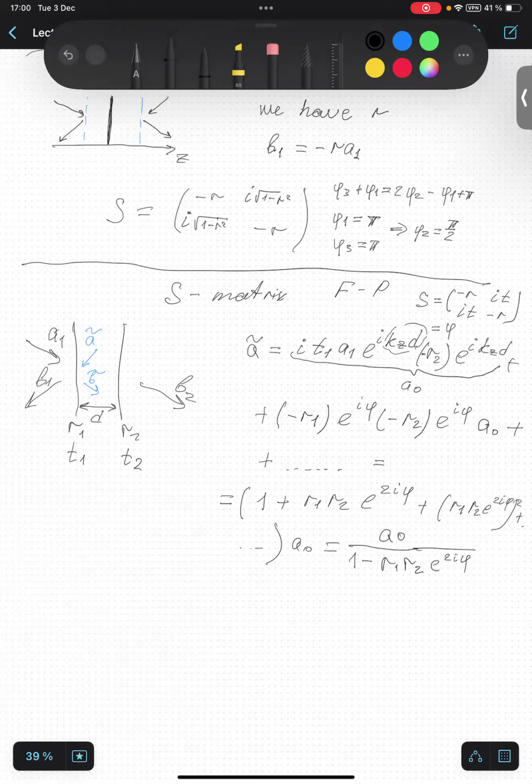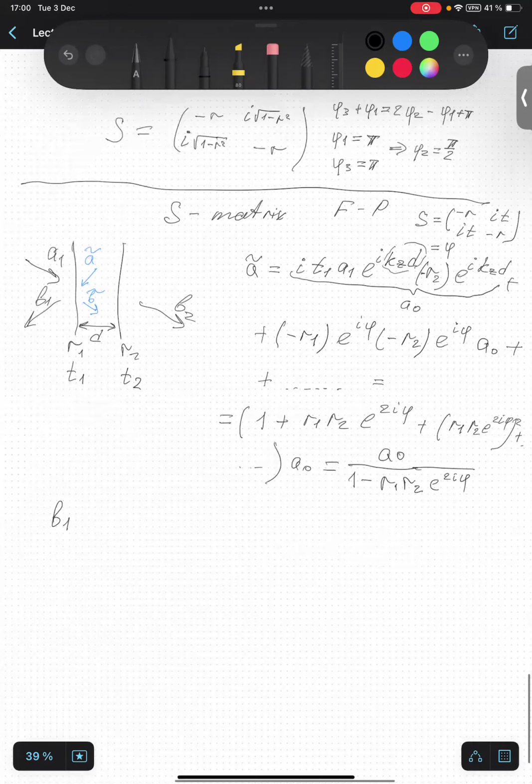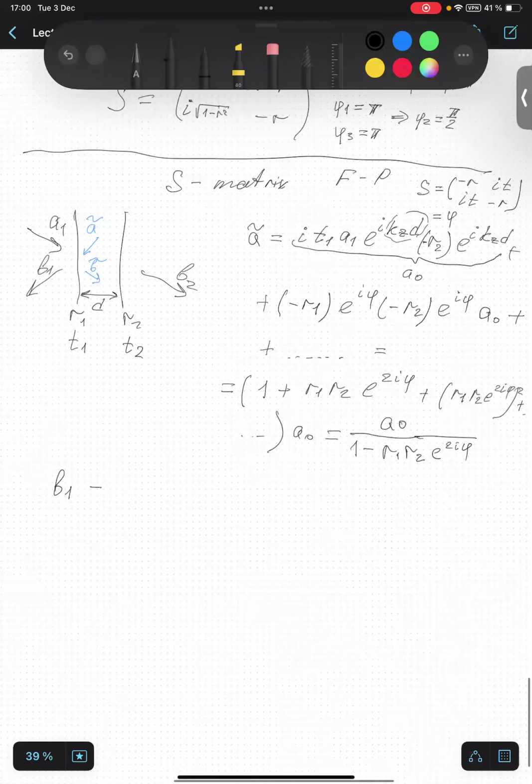Okay. Then for B1, what do we have? For B1, we have minus R1 A1, because field A1 reflected from the first mirror.